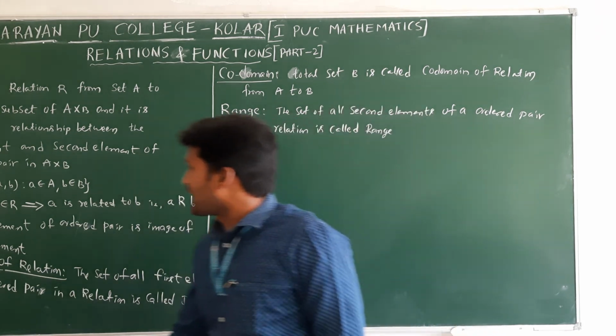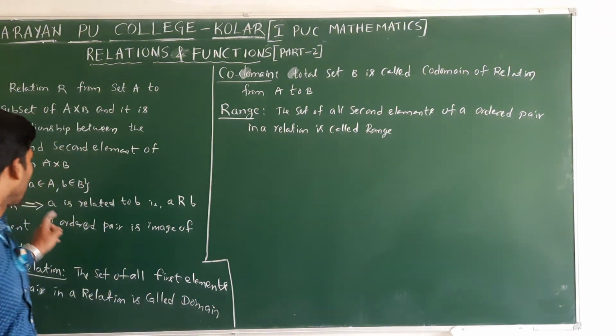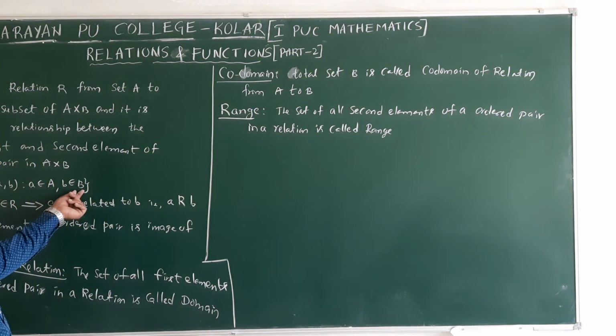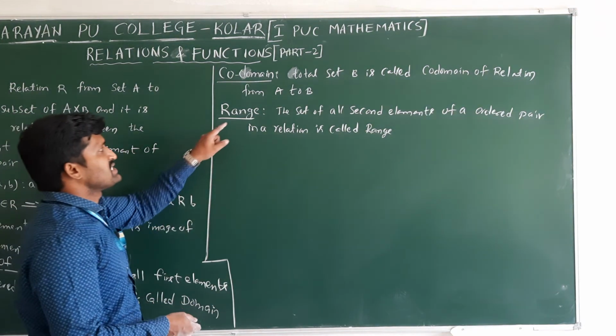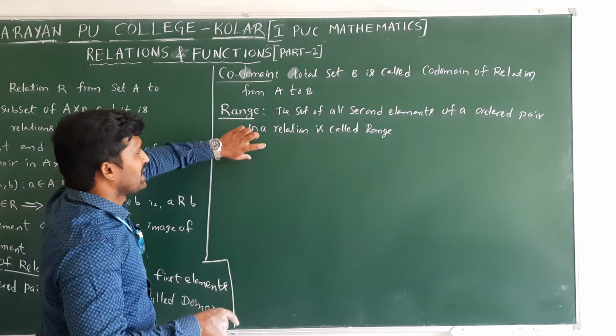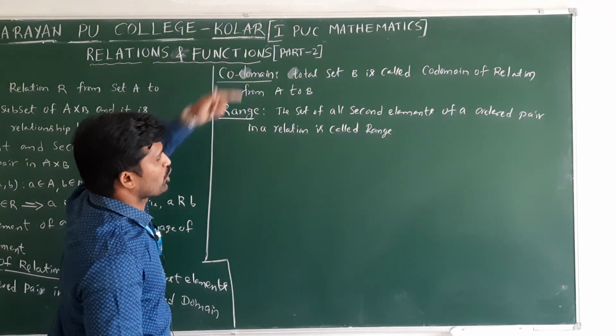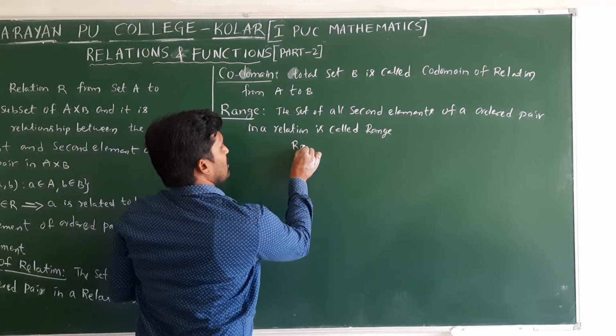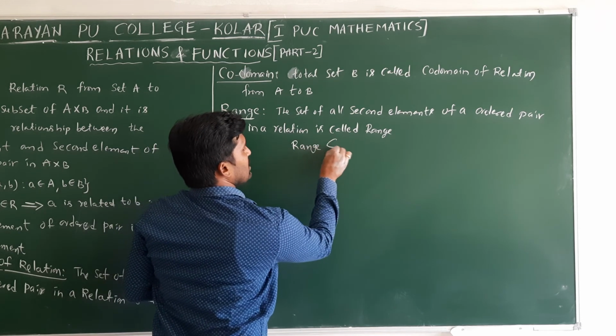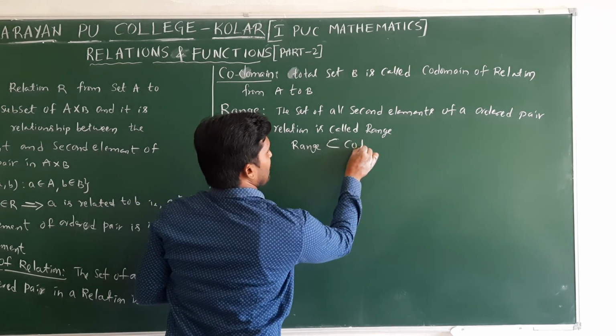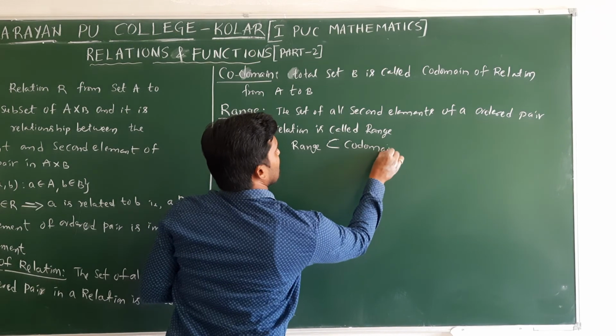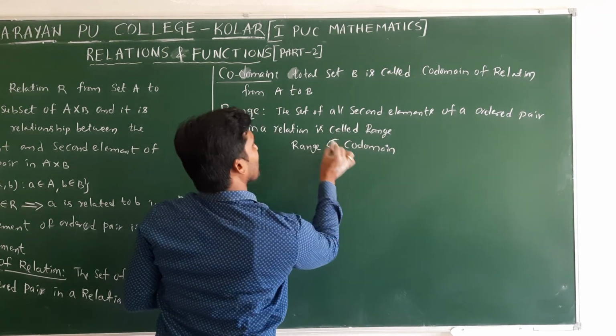That range we are getting, range means what? Your b element, and that b clearly belongs to which set? Set B. That's why range is also one set, but it is always a subset of which one? Codomain. So remember, range is always a subset of the codomain, sometimes equal also.